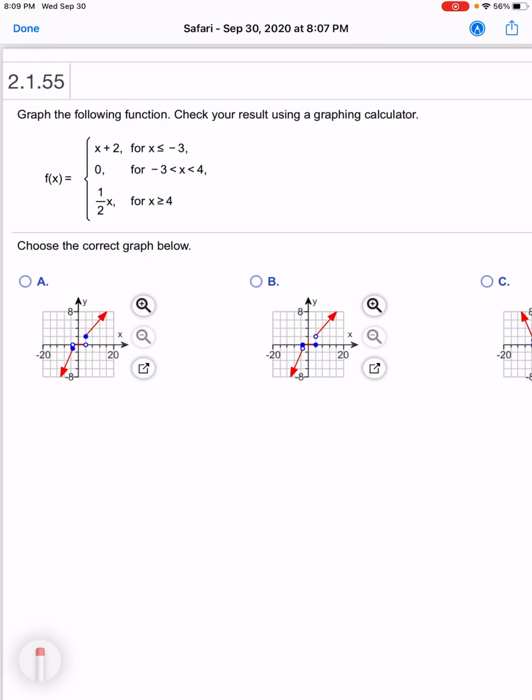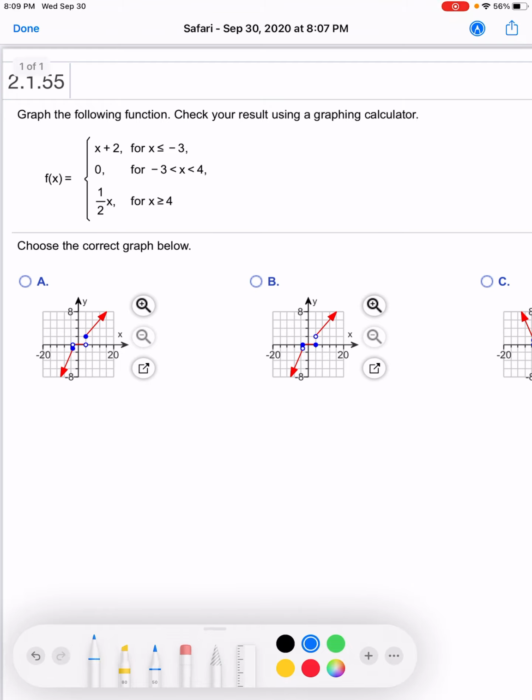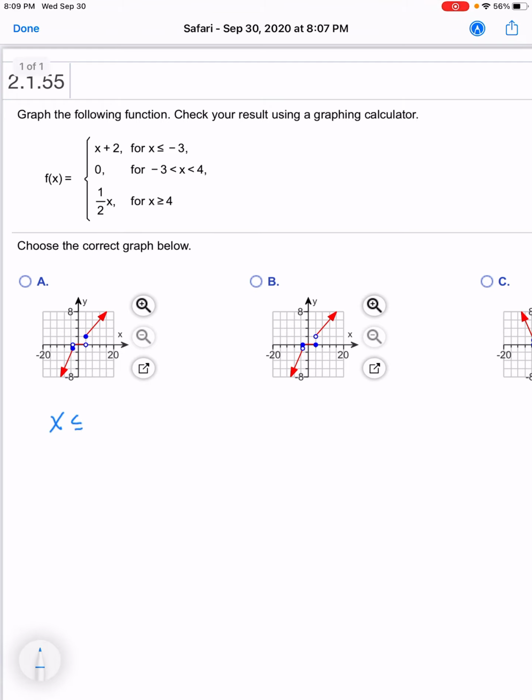When we want to graph a piecewise function, we want to create a t-chart for each of the pieces. For our first piece, we have x less than or equal to -3.